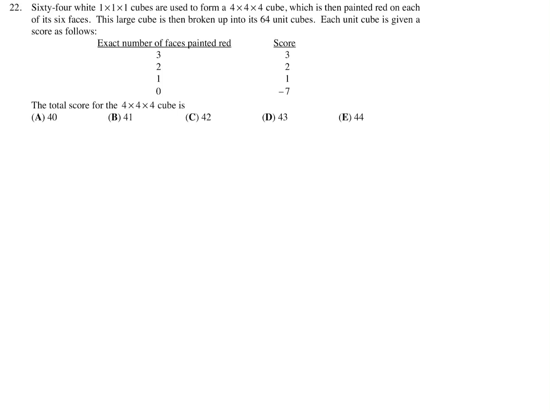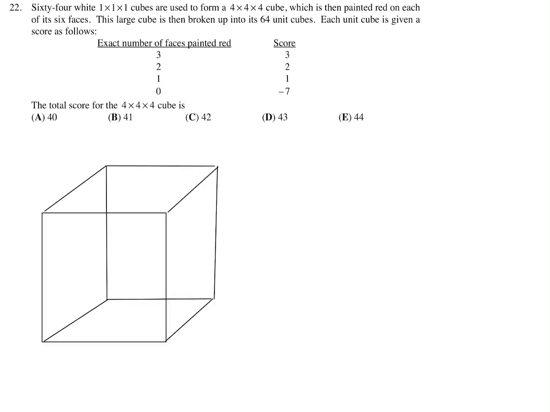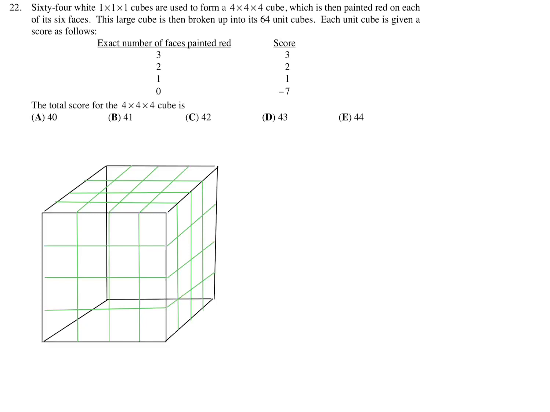So let's draw a 4 by 4 by 4 cube. So here's our cube, and now let's divide it to show that it's 4 by 4 by 4. So there you have it. You've got a 4 by 4 by 4 cube. And now they paint the cube red.